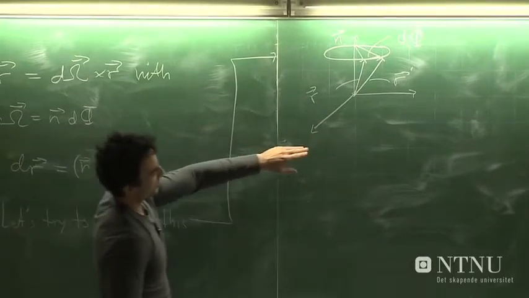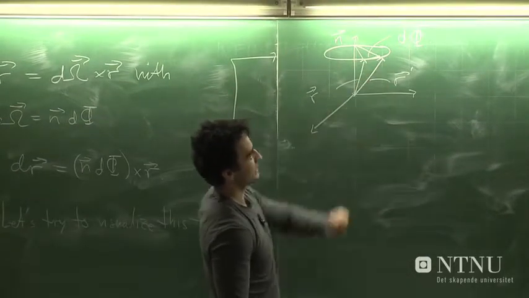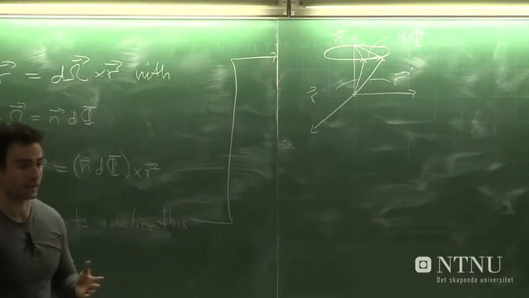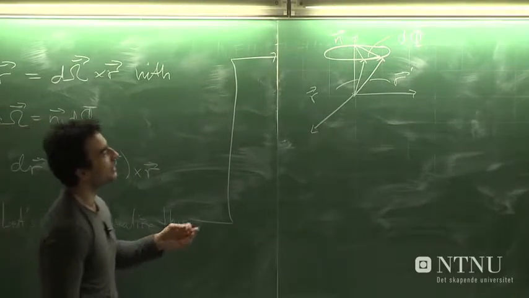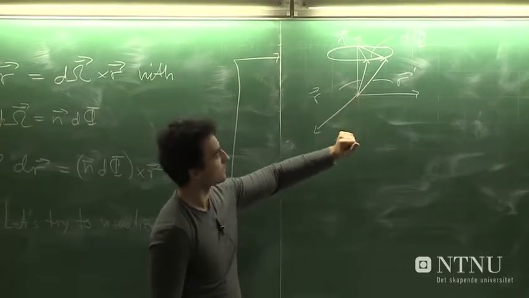So imagine we have a coordinate system here, x, y, z, for instance. And let's take, without loss of generality, the n unit vector to coincide with the z-axis.